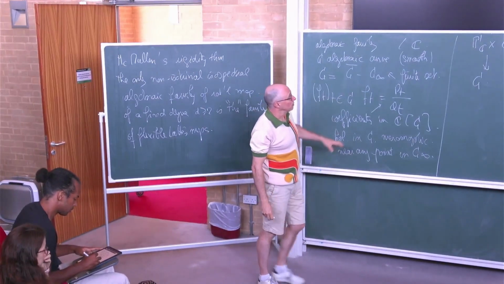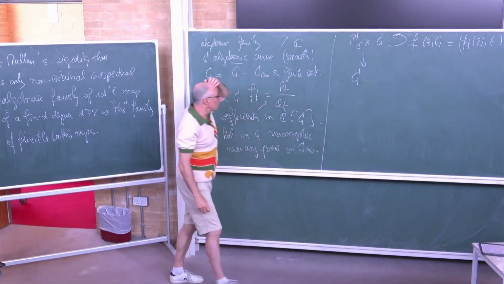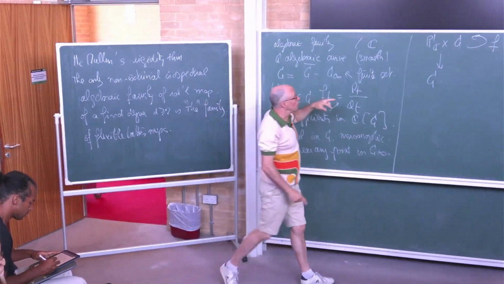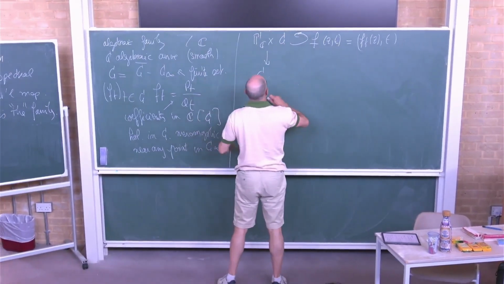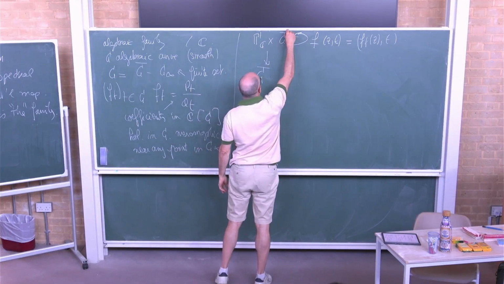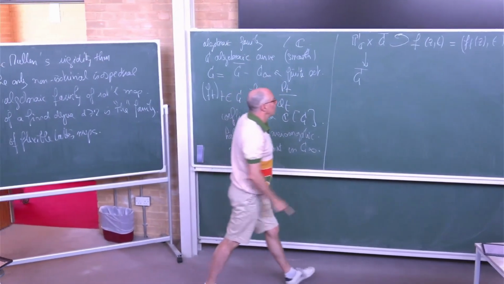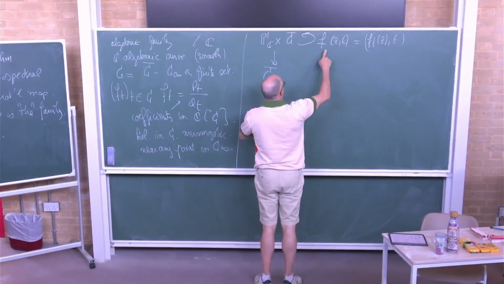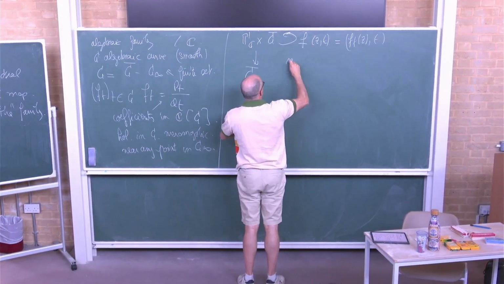This map is holomorphic, but it's also algebraic, and so you can extend it to C bar. Then the map is no longer holomorphic, but it's going to be meromorphic or rational.